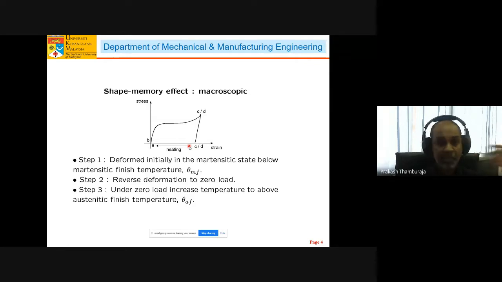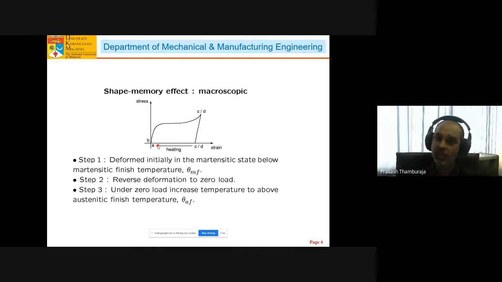If you increase the temperature of the sample above a certain temperature called the austenitic finish temperature, the martensitic phase becomes unstable and wants to transform back into a more stable state. When it transforms back to the austenitic phase, you get complete recovery. What is more important is that the seemingly permanent strain, the remnant strain that was there before at the low temperatures, is completely wiped out.